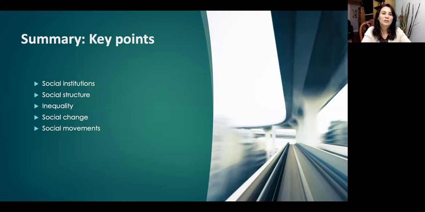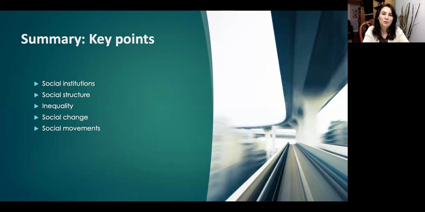So the social institutions are the main building block of social structure. The people within this social structure interact all the time, and the social structures affect people's lives, and that can also increase or decrease inequality in society.